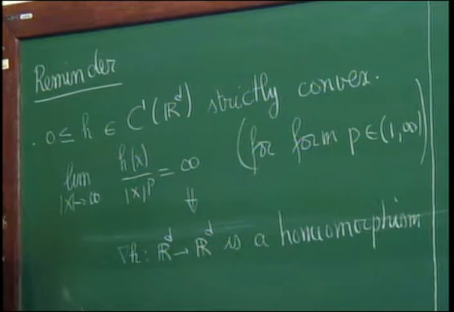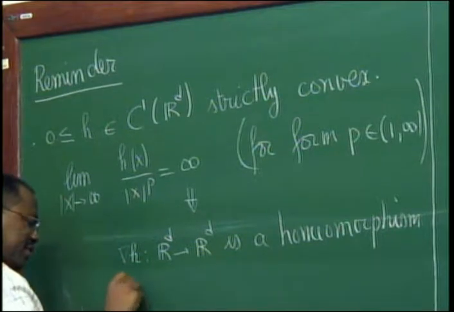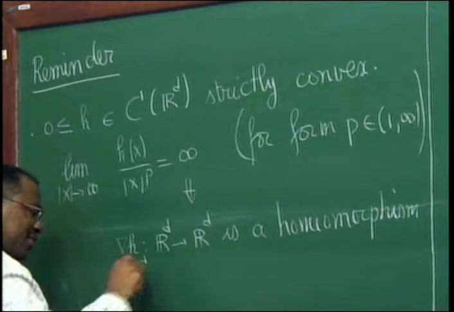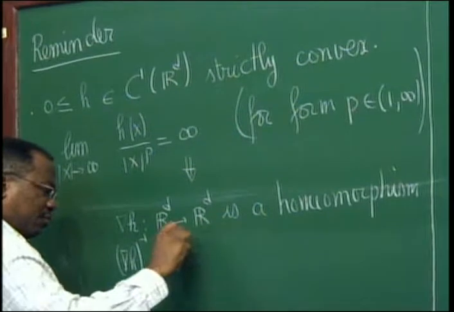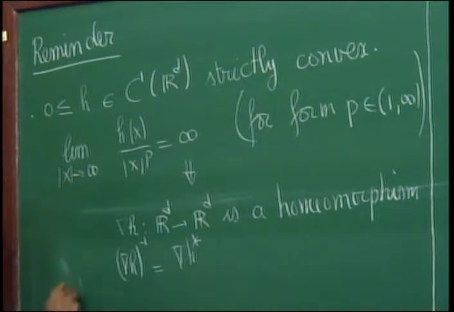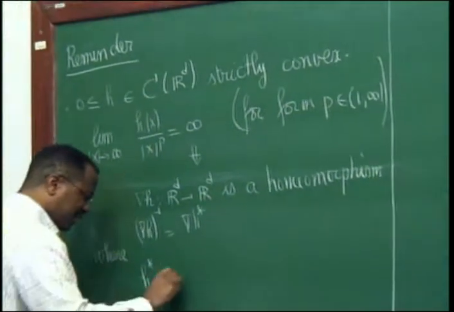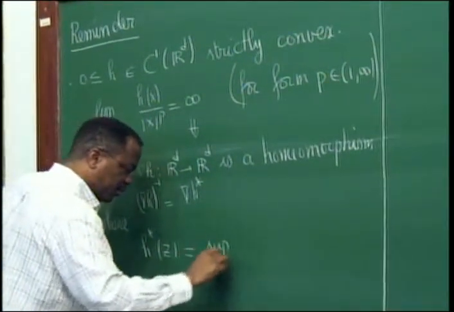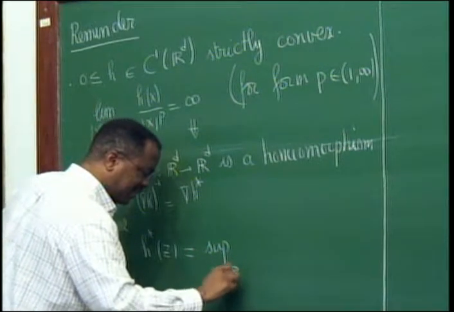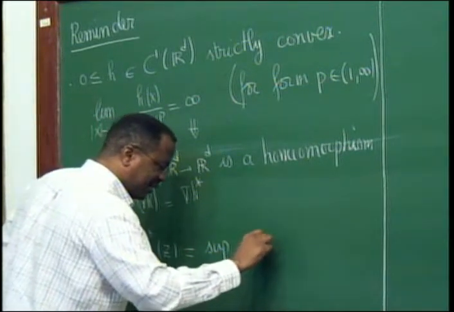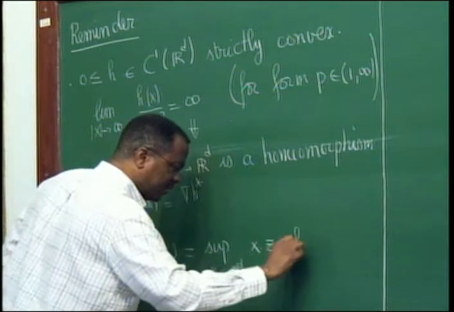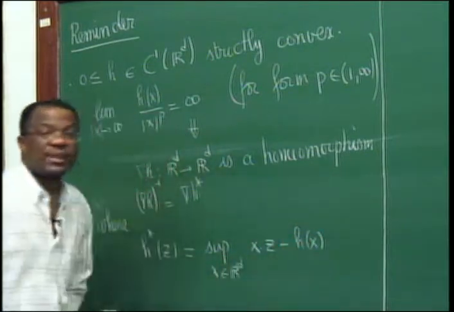And you have a representation formula for its inverse. The inverse is the gradient of the Legendre transform, where h star of z is the supremum over x in R^d of x·z minus h of x.